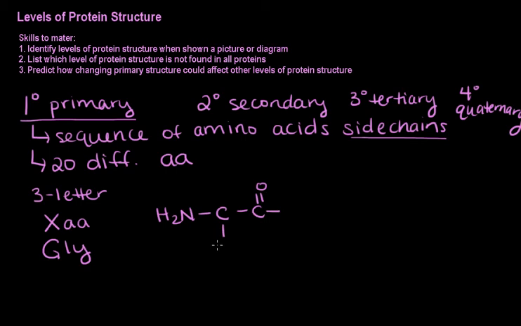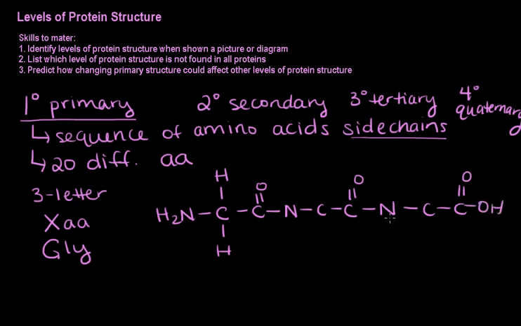Its side chain is the letter H, and that could be connected to the next one, C double bond O. Here we'll just do 3, so we have a tripeptide. Glycine has an H side chain and the 3-letter abbreviation GLY. There's also a 1-letter abbreviation, and that's the letter G.